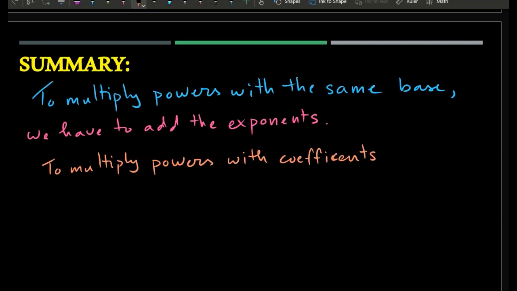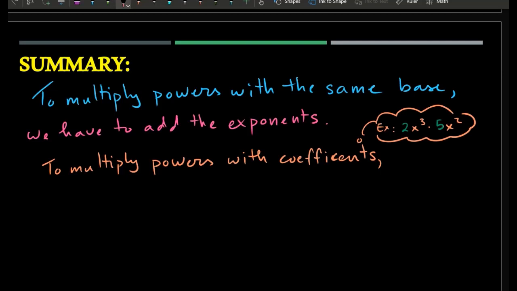It is the number in front of the variable. For example, how do you do 2x to the 3rd power times 5x squared? A problem like that. Go ahead, answer that question in a few seconds. Go ahead, pause the video.